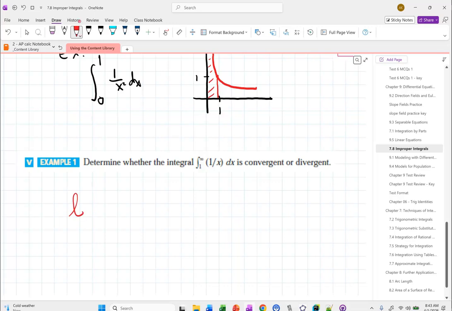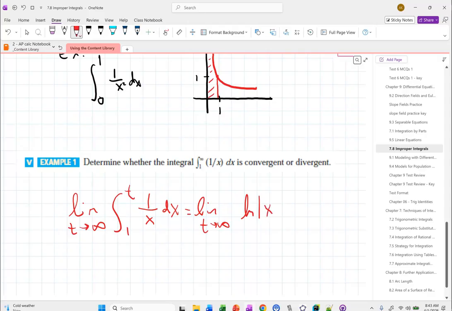So we're going to just take the limit as t goes to infinity of the integral from 1 to t of 1 over x dx. Everybody's good? Okay. What's the antiderivative of 1 over x?